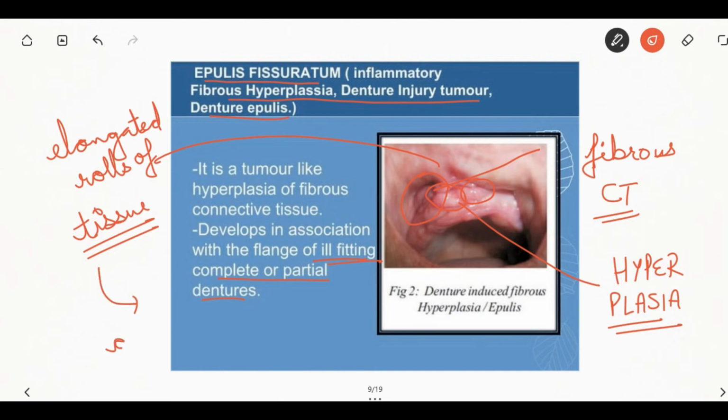This proliferation of tissue is usually slow in developing, and it could be the result of resorption of the alveolar ridge, causing the ill-fitting denture and the elongated rolls of tissue in the mucolabial or mucobuccal fold area.